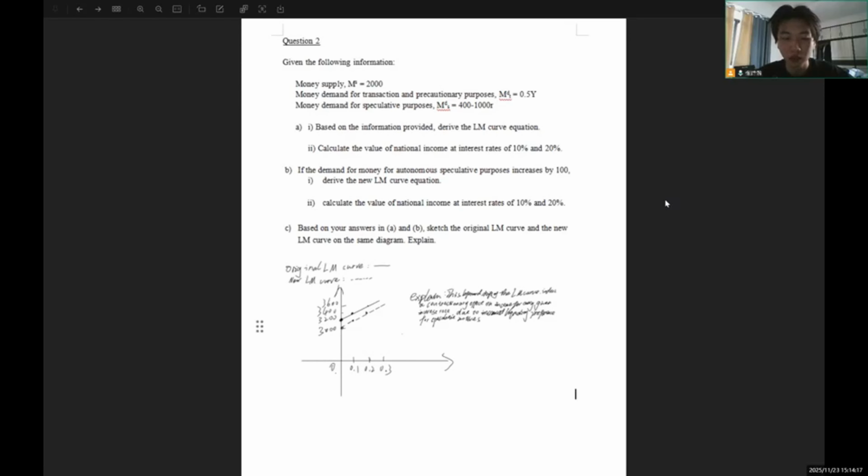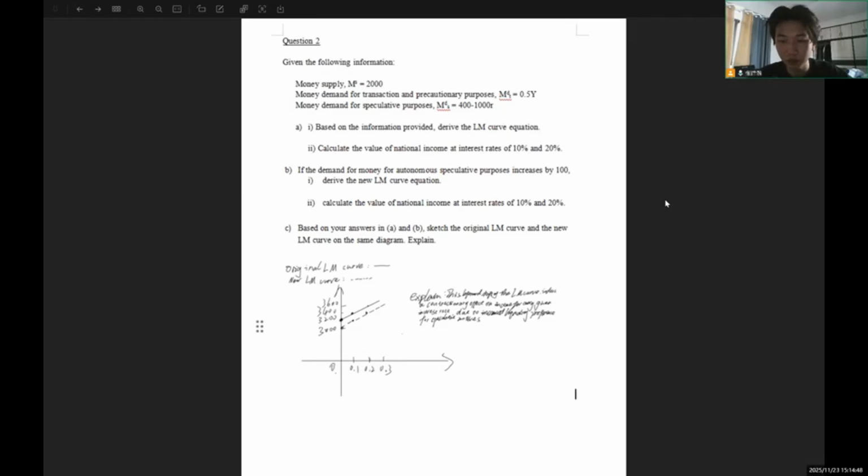The horizontal shift magnitude of 200 is calculated as the change in autonomous speculative demand divided by the transaction demand coefficient.